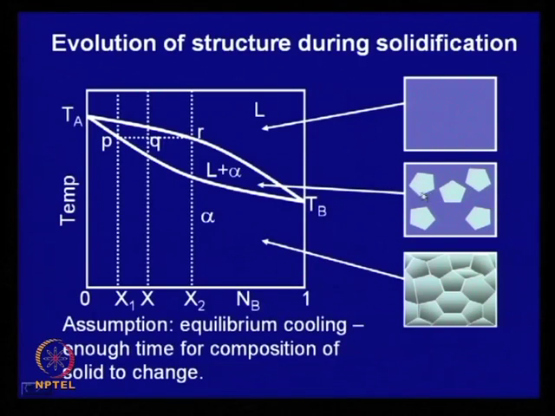To allow this process to take place, you have to cool it very slowly, and ultimately you will have a structure something like this. You will have different crystals differently oriented, and they will be meeting along some boundaries called grain boundaries, and if you look under a microscope, it may appear something like this. And later on, as we proceed, we will look into the shape of these crystals.